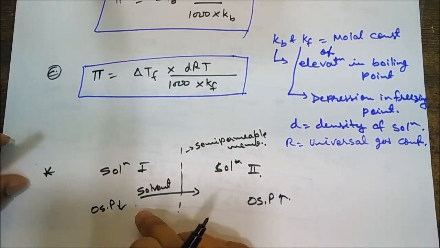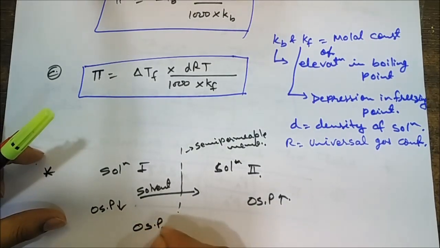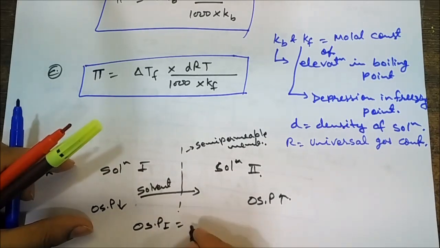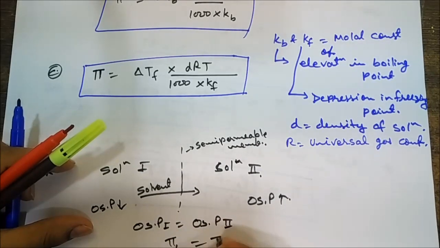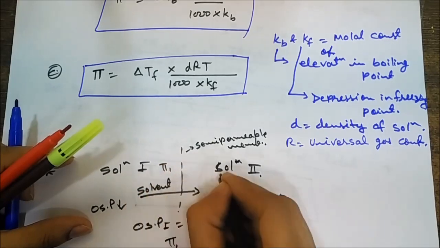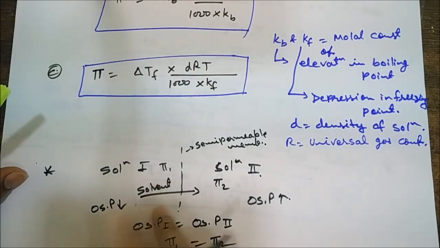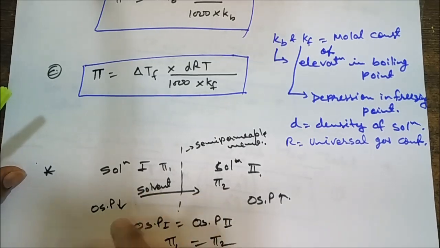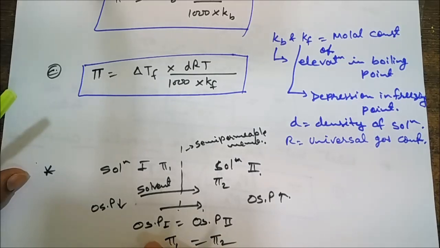The solvent will move till the osmotic pressures of both solutions become equal to one another, that is pi 1 is equal to pi 2. So the solvent will move from lower osmotic pressure to higher osmotic pressure till both osmotic pressures are equalized.